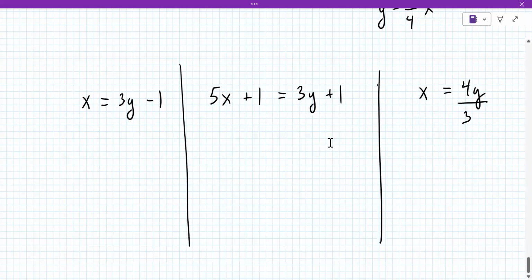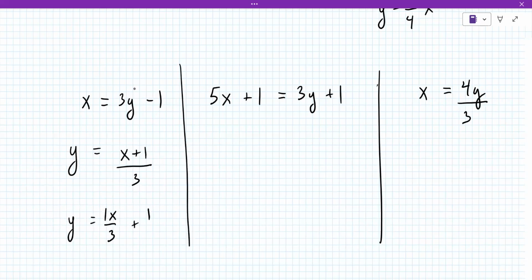Tell me what your initial reaction is to the first one. Is it direct variation or not? No, it is not. So if we solve it for y, notice we're solving for y again, it becomes x plus 1 divided by 3, which is x divided by 3 plus 1/3.